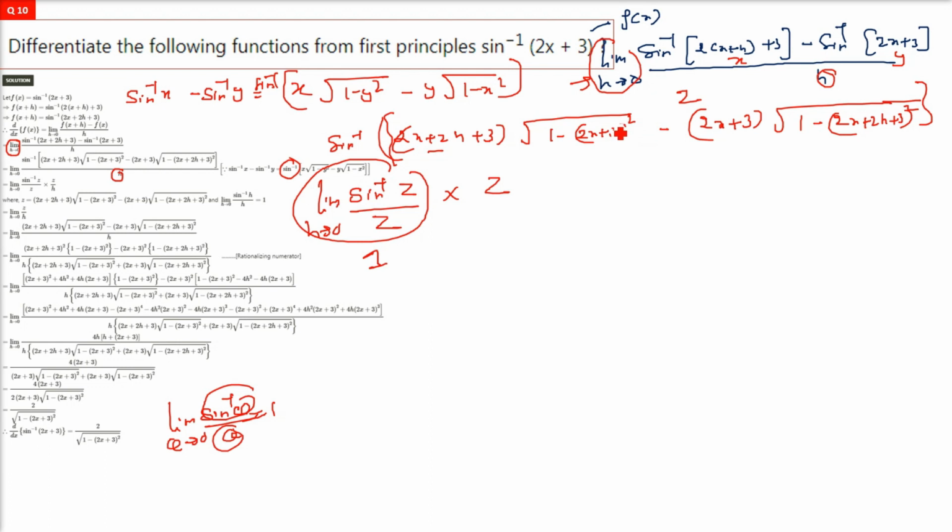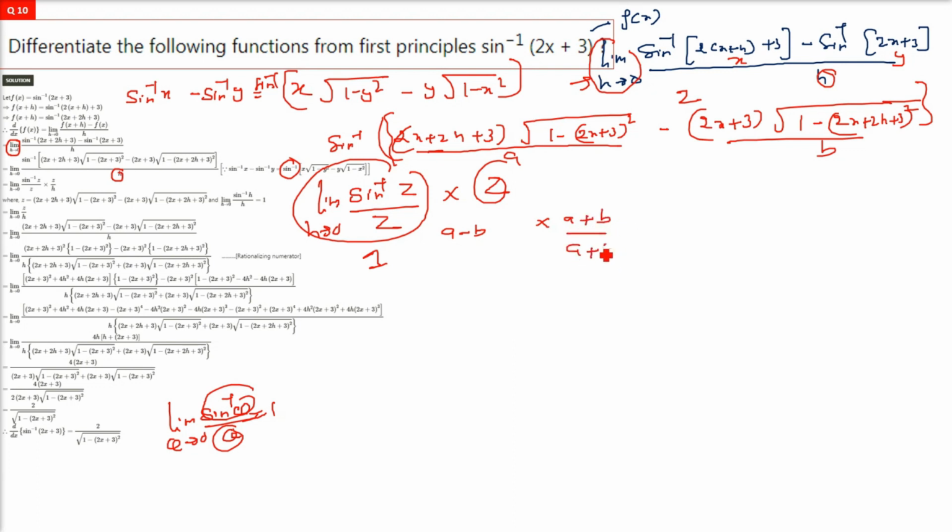So we have an under root here. Either you open it, or the best way to get rid of the under root is to rationalize it. Call the first term a and the second term b. So for a minus b, the rationalization is to multiply numerator and denominator by a plus b.